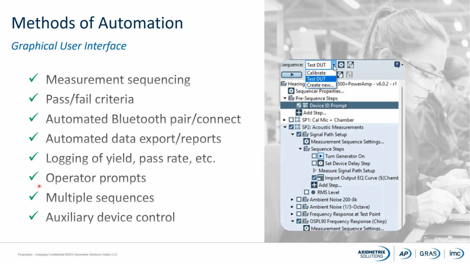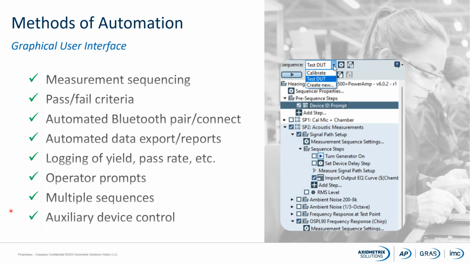You have the ability to integrate user prompts, which instruct the operator to perform some kind of action with an optional image and text, or you can ask the operator to input some text. You can also add multiple sequences to one project. As you can see here in this project, we have one sequence to calibrate the loudspeaker and the other to actually test the device.